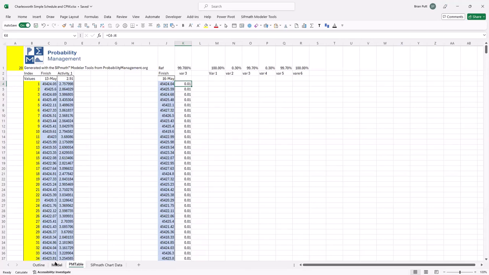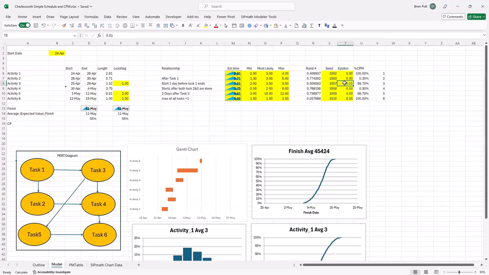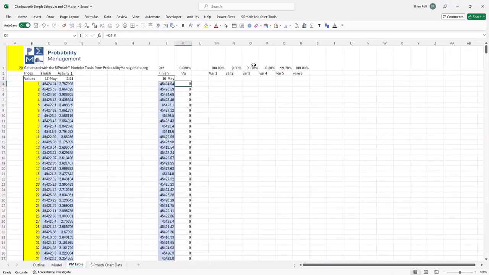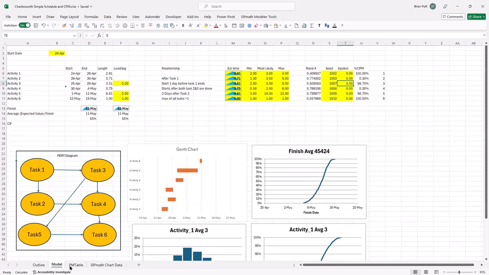I've done the same thing for all the other variables here. Okay, I'll put this back to 0 now. And these are the results I get. So I brought these results over here to the model. Okay. So let's look at this. So in 99.7% of the time, I'm on a critical path that says I need to get task 3 done.